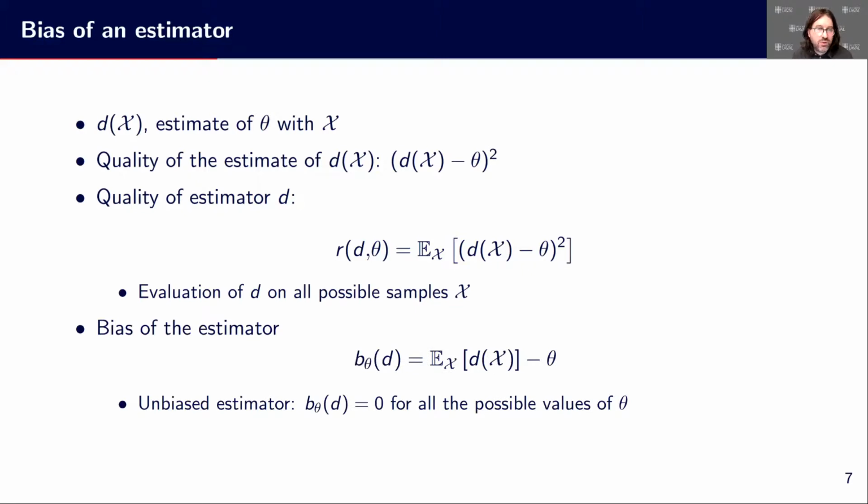From that, we get what's called the bias of the estimator. The quality is R here, and the bias is the expectation over all data sets of the estimation compared to the real value. If we have a non-biased estimator, b theta d is equal to 0. It means that the expectation over all data sets of our estimation should be equivalent to the real theta value.